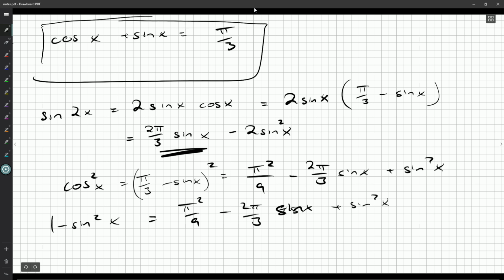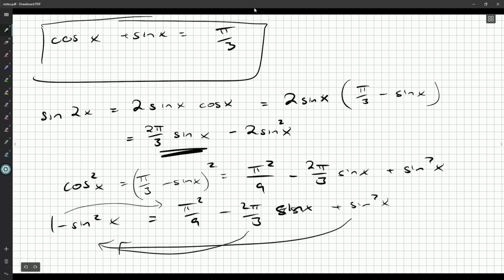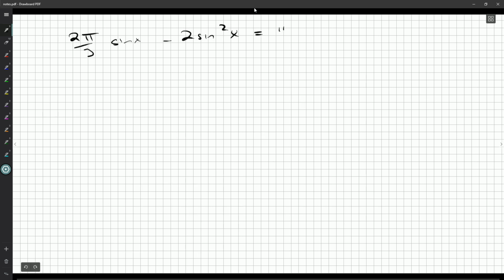Now, if I bring this sine over here and this over here and the 1 back over here, we should get 2 pi by 3 sine x minus 2 sine squared x on the left, and pi squared over 9 minus 1 on the right.